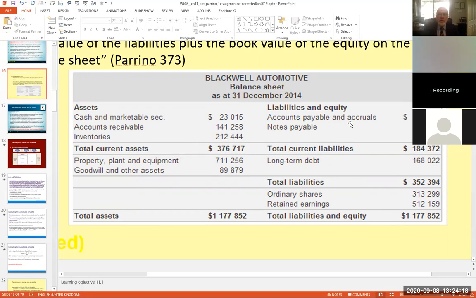And so we consider that, even though it's working capital, it's a current liability, because it's a relatively stable amount, month by month it tends to remain the same, then it's considered to be one of the components, if you like, in the capital structure of the firm. Okay, that's the current liabilities.